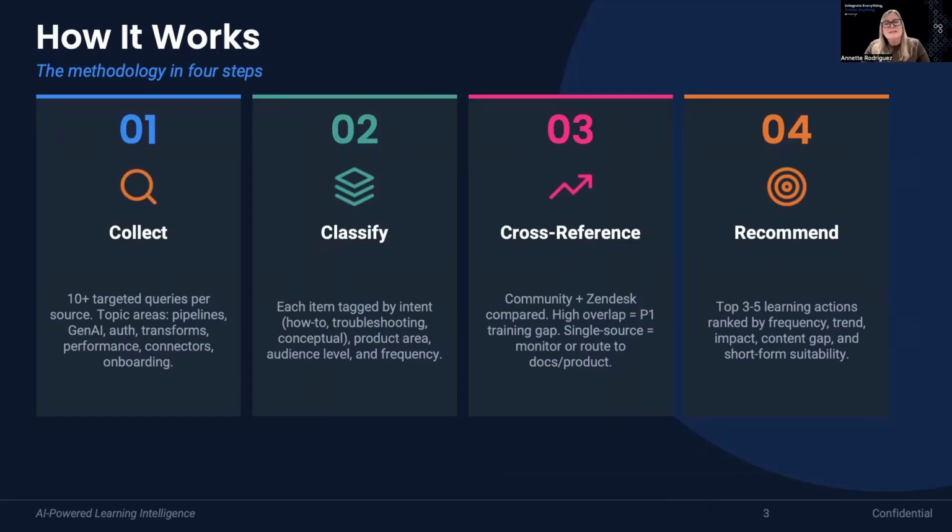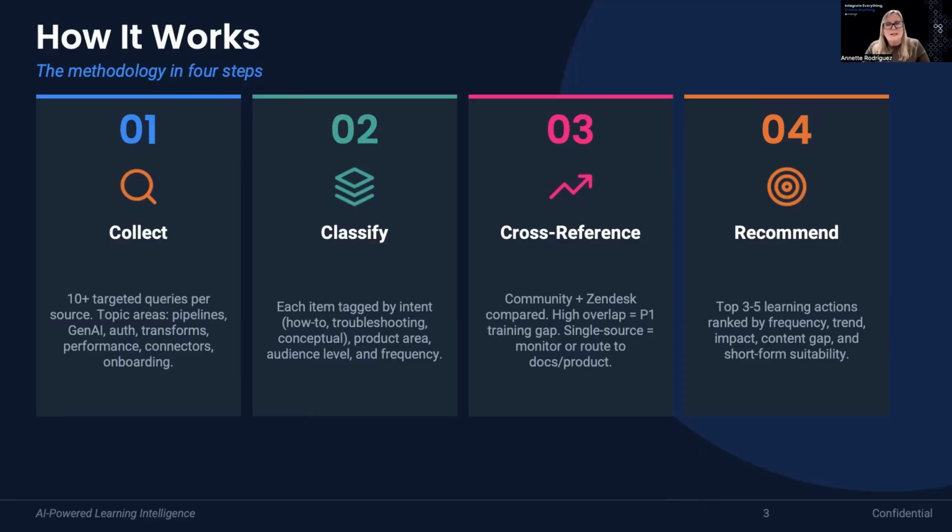The process itself is surprisingly simple. First, John Paul collects information from both sources using targeted searches across key product areas. Next, it classifies that information into categories such as troubleshooting, how-to guidance, conceptual understanding, audience level, and frequency. And then the most valuable step, cross-referencing.